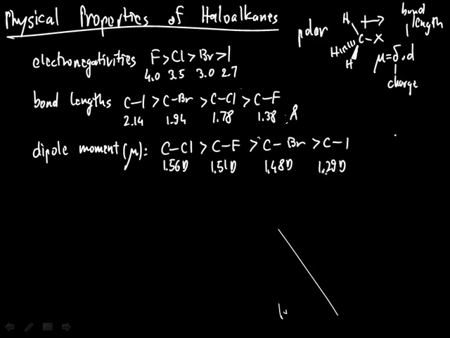Okay. In terms of molecular dipoles, we already talked about the fact that dipoles are vectors, and their addition takes account of the direction as well. And so as a general rule, if we have a compound with the formula CX4, all dipoles will cancel each other out, so the overall dipole moment is 0 debyes.